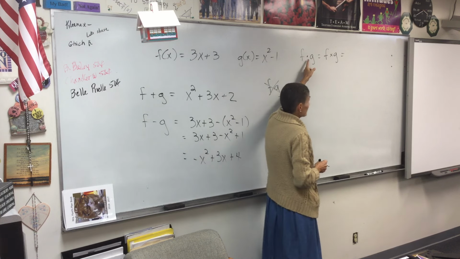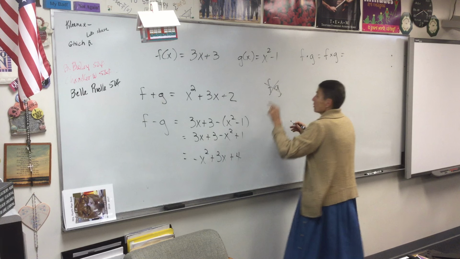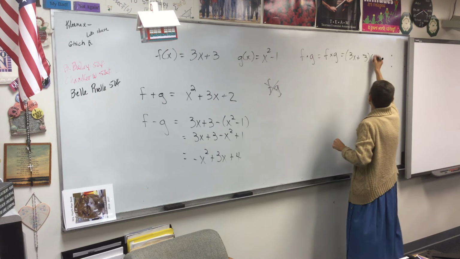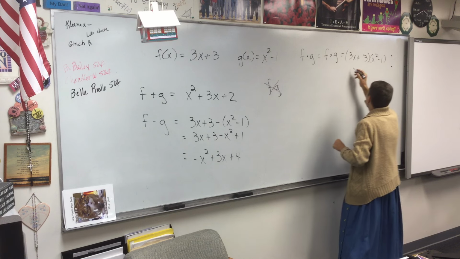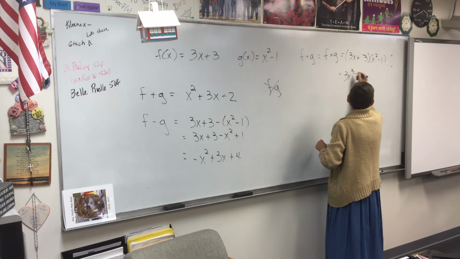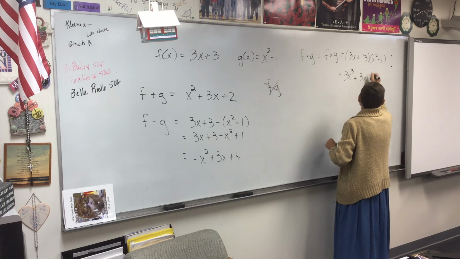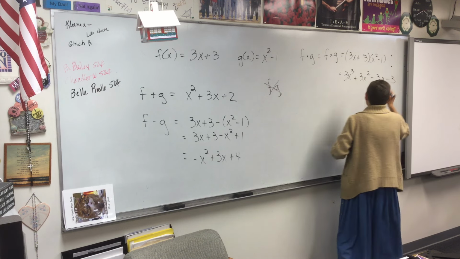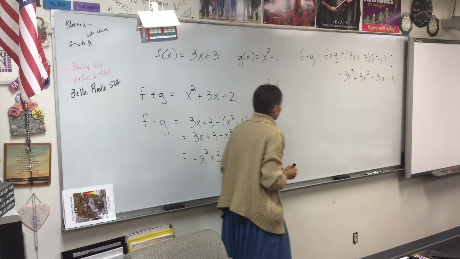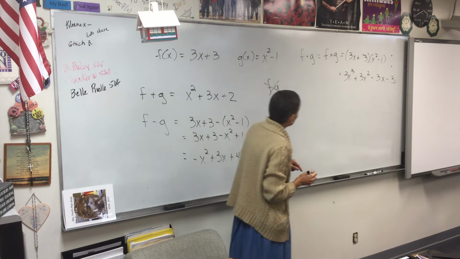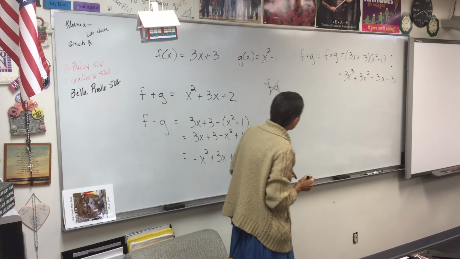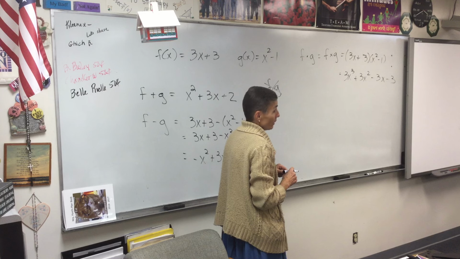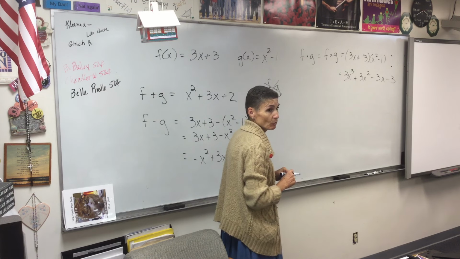So we want to do f times g. So that will be what? I'll have to FOIL. So 3x cubed plus 3x squared minus 3x minus 3. Double check my arithmetic. Yeah, I got that. I tried to go in order. Is that right? I actually did FIOL just so things would be in descending order.